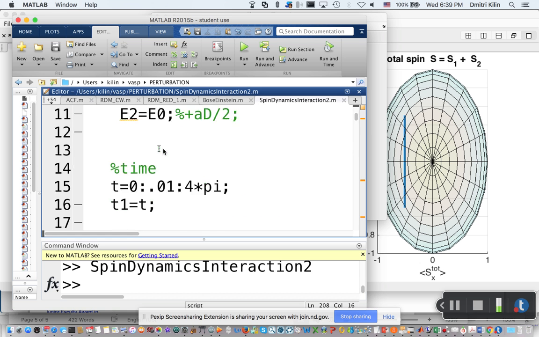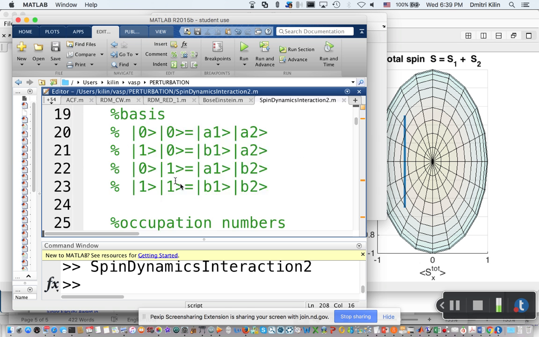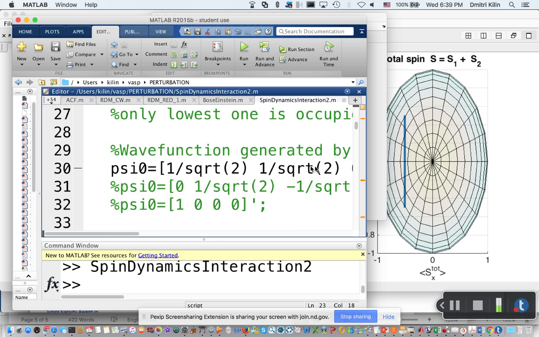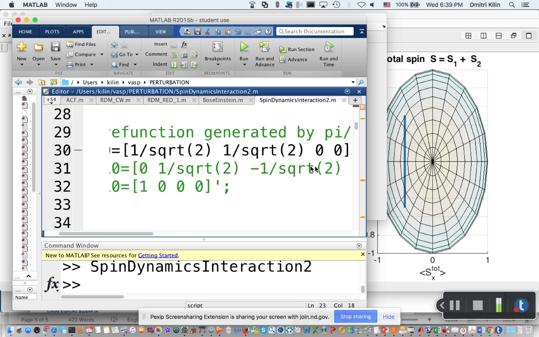So, setting up the parameters, the dimensionality of the system is 4. This is just an illustration of what our basis is: one excited, another excited. Then we may set up an initial state that we will propagate later.